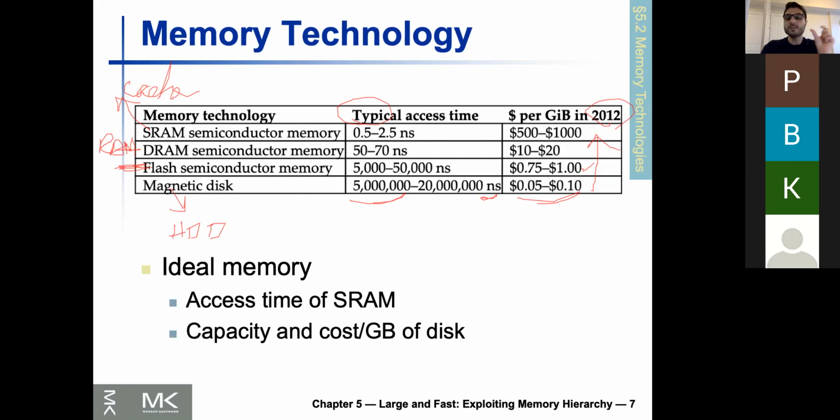If you didn't hit, you couldn't find it in L1, now you have to go to L2, one level lower, which is a little bit slower. You find it there, bring it back up to L1, and access L1.